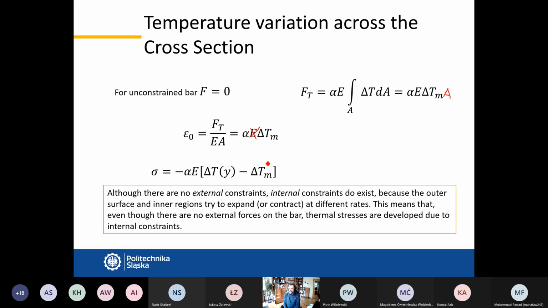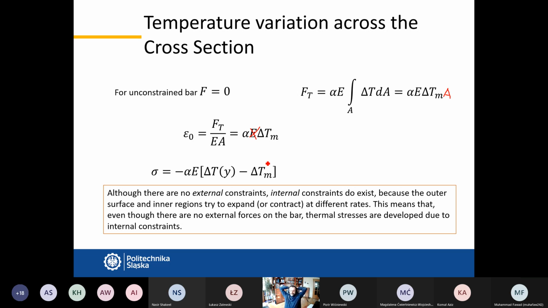Let's say the external part tends to extend more than the internal part, so the difference in the expansion will result in stresses. So there is a conflict between different parts of the material. So although there are no external forces, no external loads, we will observe thermal stresses.